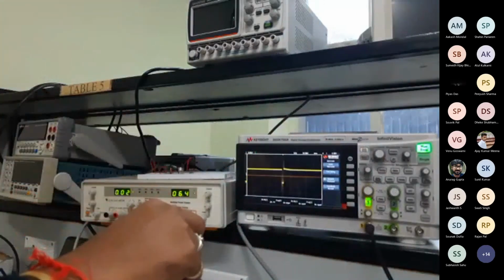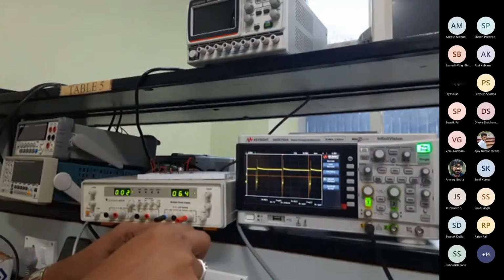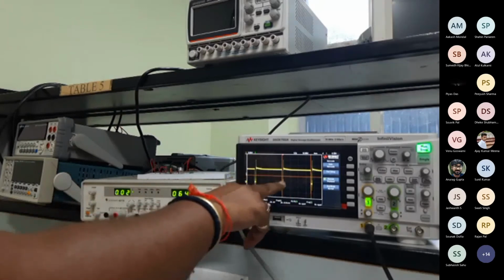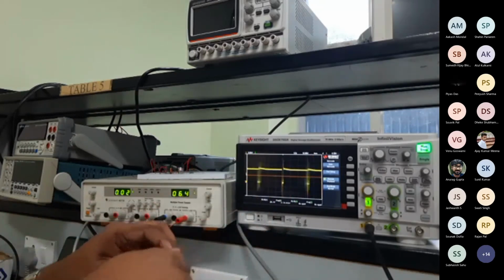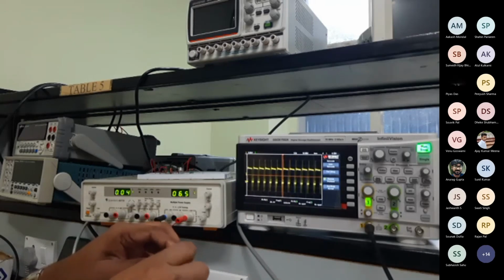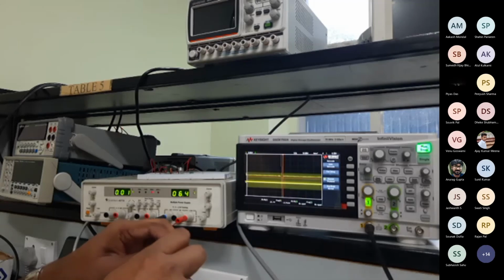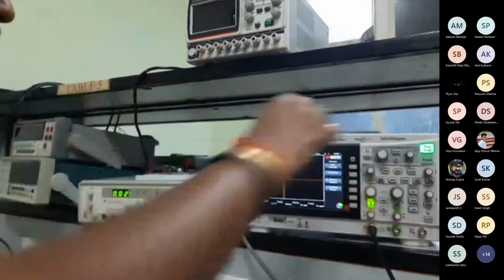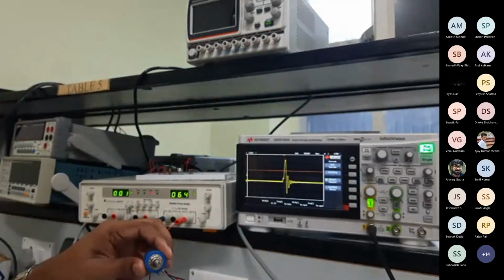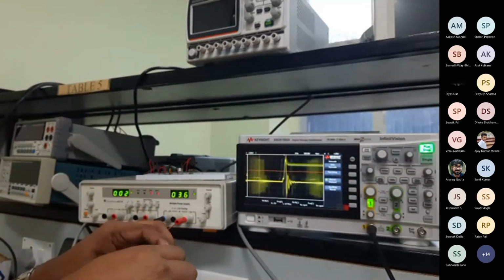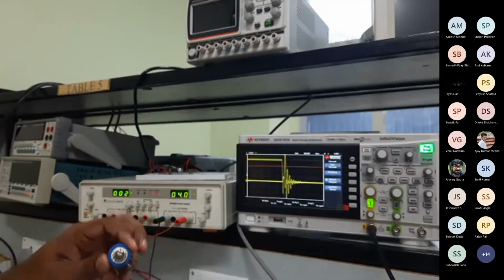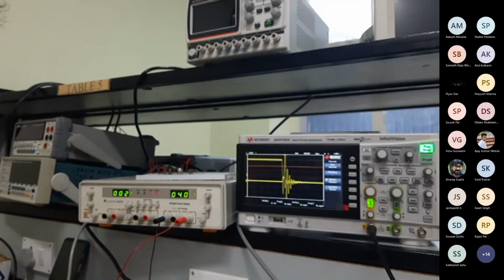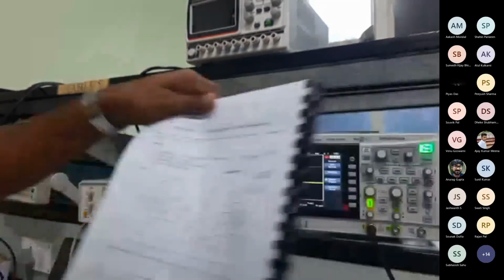By changing the resistance, right now the duty cycle is very high, more than 95%. See, the duty cycle is increasing. Anyway, so this is a kind of VCO circuit, and the experiment part is done.